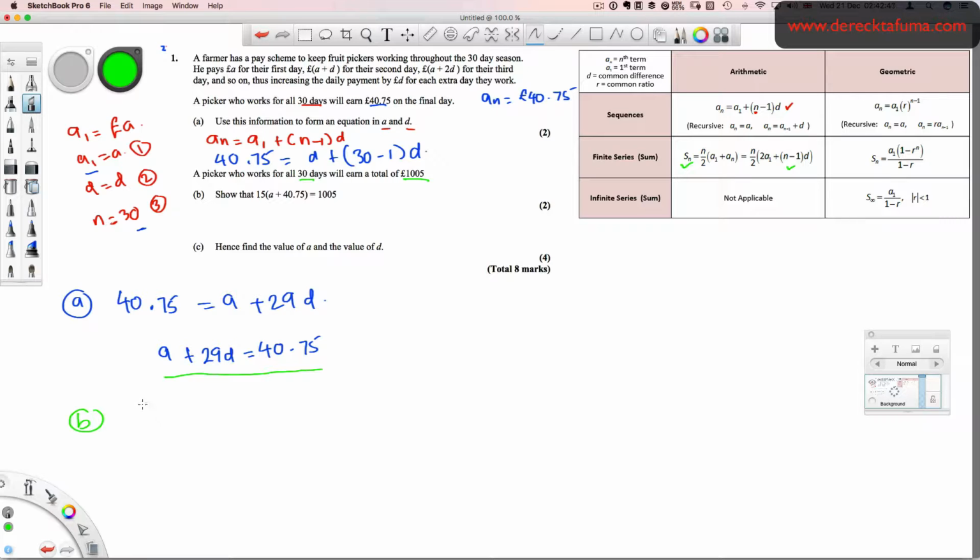Let's take the first one, for example: S sub n equals n over 2 brackets A1 plus A sub n, where A sub n is the last term. Let's find out what S sub n is. S sub n is actually the 1005, so S sub n equals 1005.